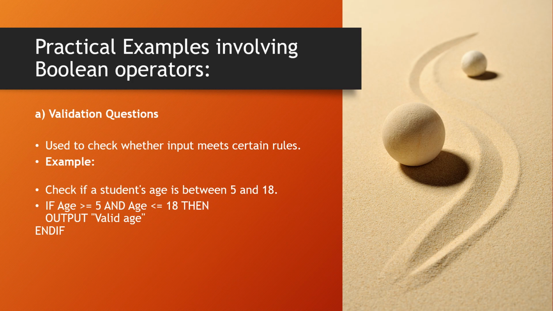So whenever age is taken as input, the system will first check if age is greater than equal to 5 and age is lesser than equal to 18. Why did we use AND here? Because only and only if both the conditions are true, that means the student's age lies between 5 and 18, and hence it would be a validated age, so the output would be valid age.